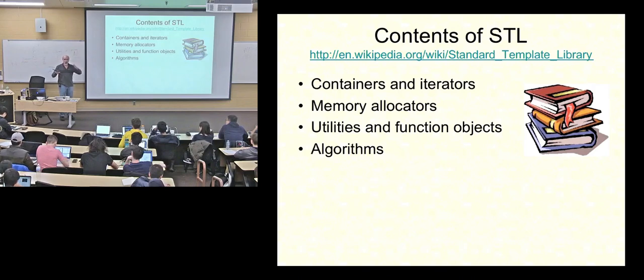You just say swap(a, b), and there's a utility for that. There's a utility for max. You give max 2 variables of the same type, it returns the bigger one. Function objects. So function objects you've looked at in 280 of creating a structure that overloads what?